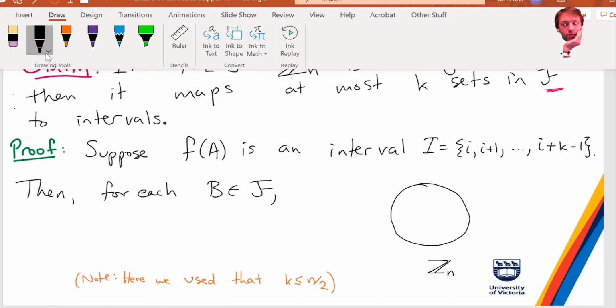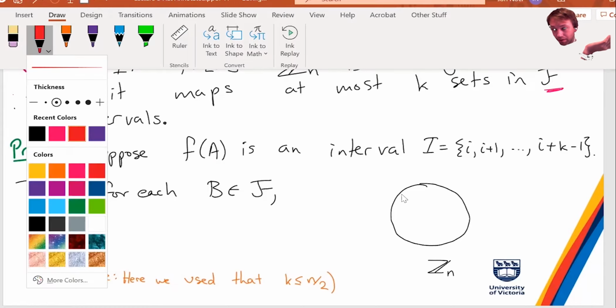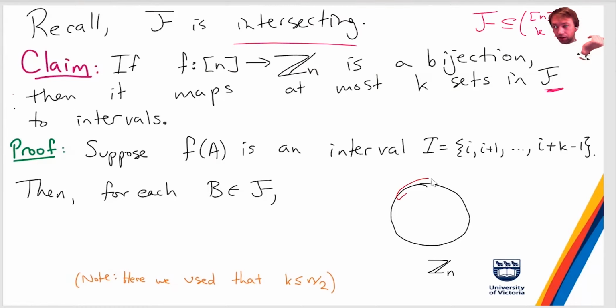If nothing maps to an interval, then we're done, because certainly 0 is at most k. So there's at least one thing mapping to an interval, and that interval is from I, which way am I going? Clockwise, I guess, I up to I plus k minus 1, because it's an interval of length k.